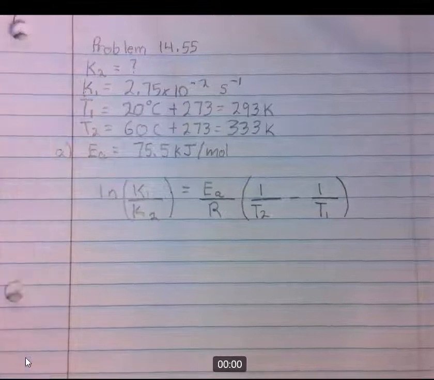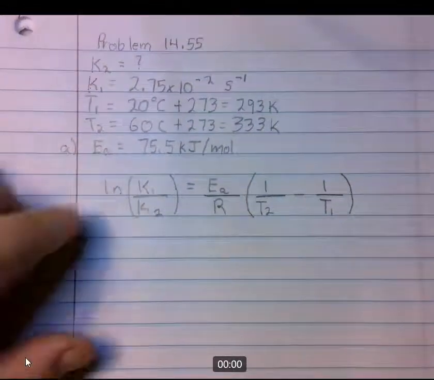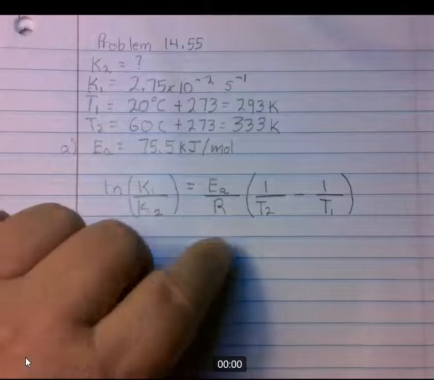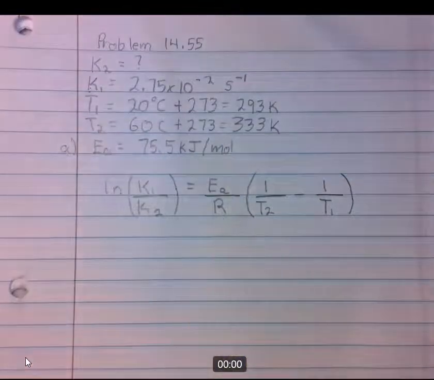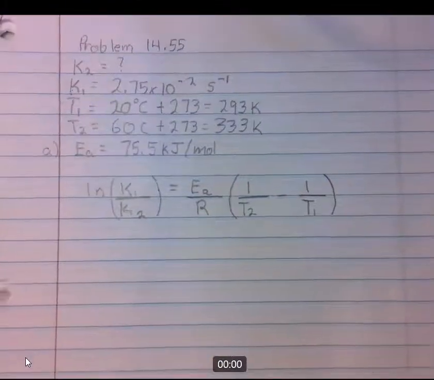Okay, so this formula gives us two values of K, or requires two values of K, two values of T, and an activation energy and a gas constant R. You have to be sure which gas constant you need to use.